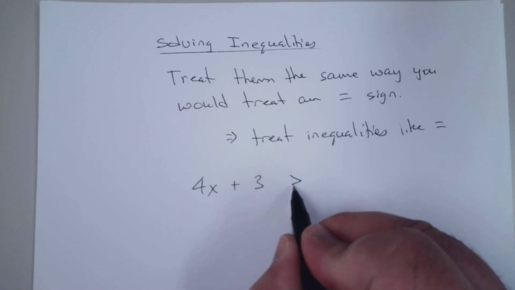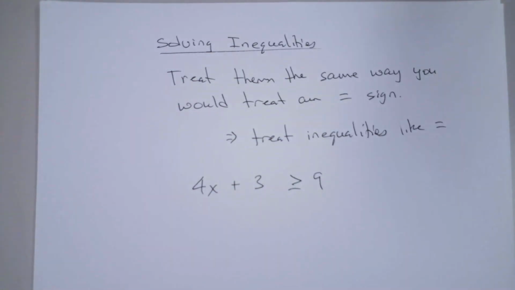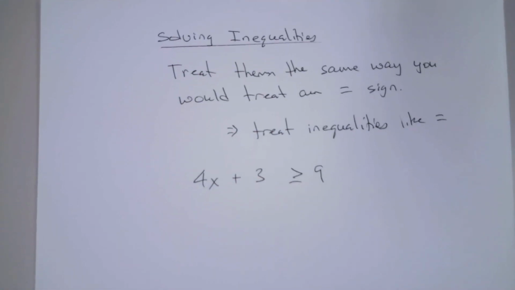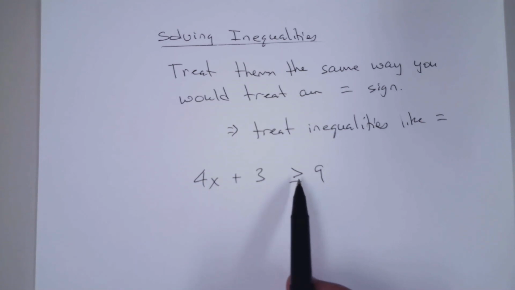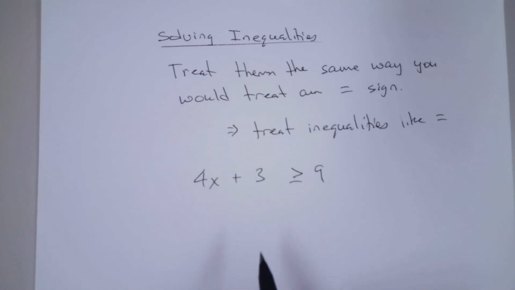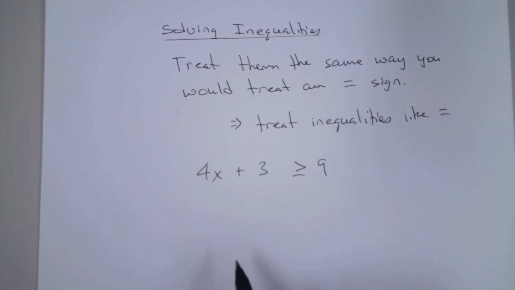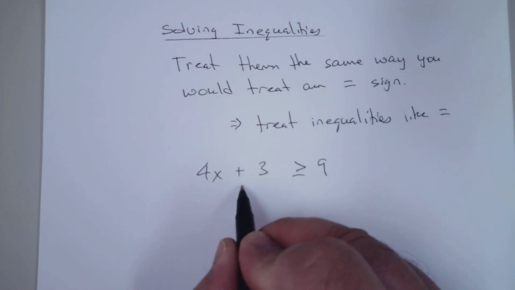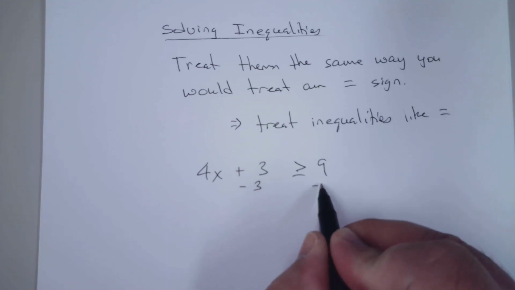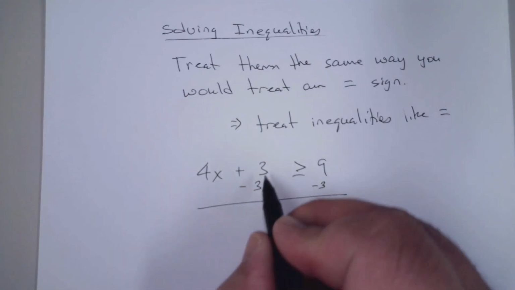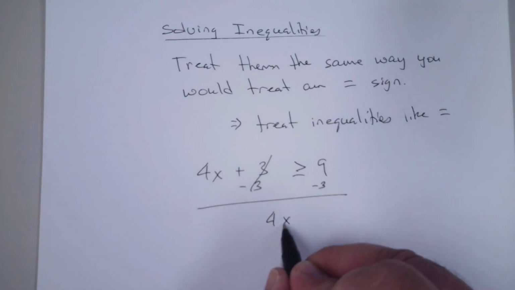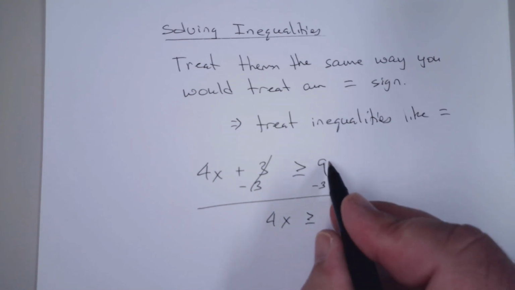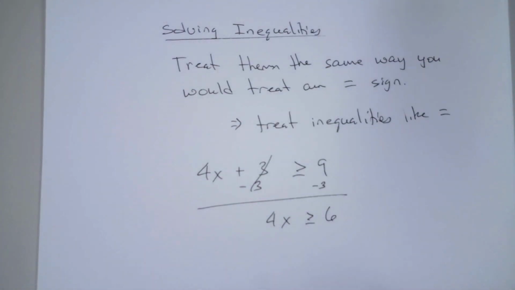4x plus 3 is greater than or equal to 9. Since it has inequalities, this is set notation. So let's put the answer in the other two ways. So solve this. If that was equals, we would subtract 3 from both sides. So we have 4x is greater than or equal to 9 minus 3, which is 6.